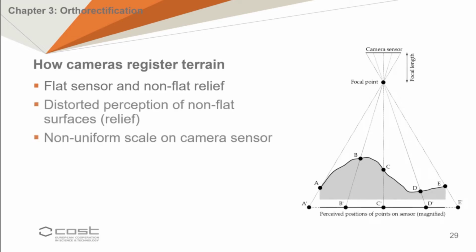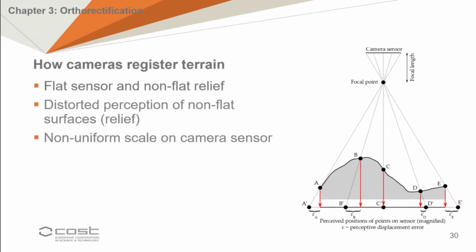Since the camera sensor is flat, the information about points at different elevations cannot be perceived correctly, so this in turn causes a non-uniform scaling of the real-world information on the sensor.